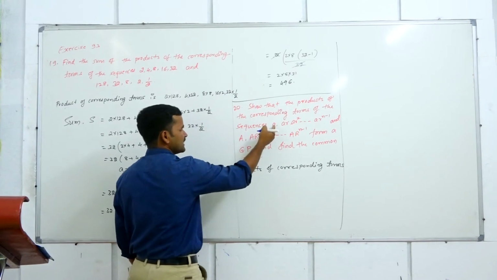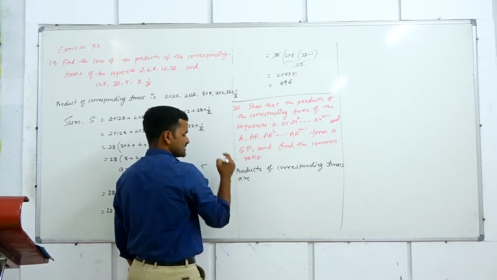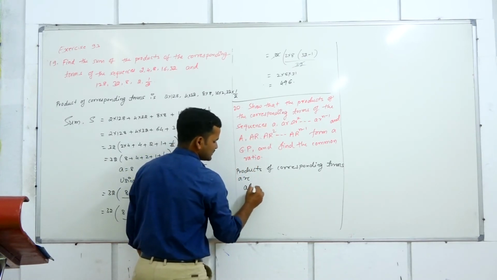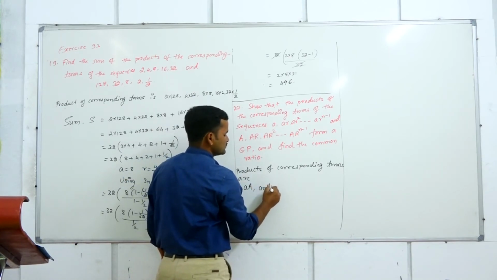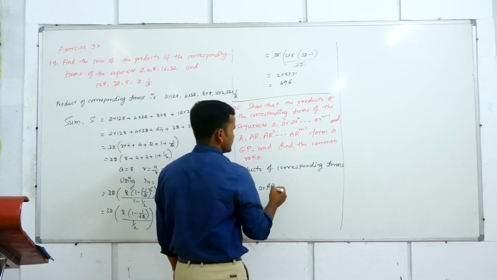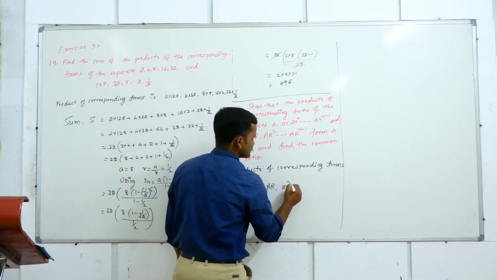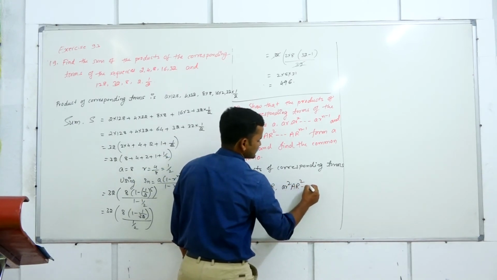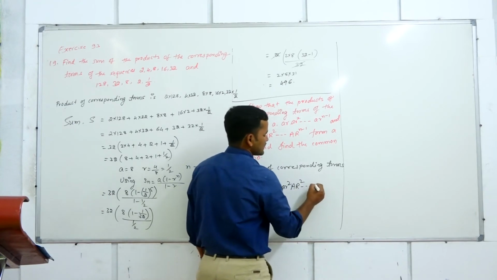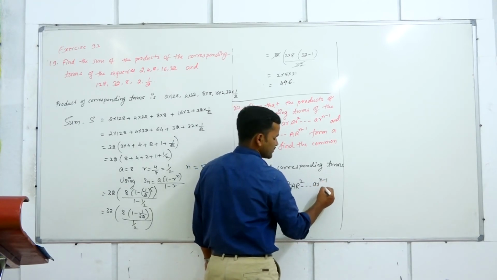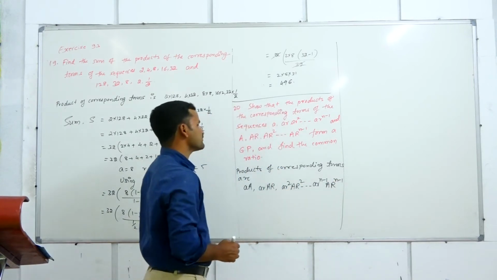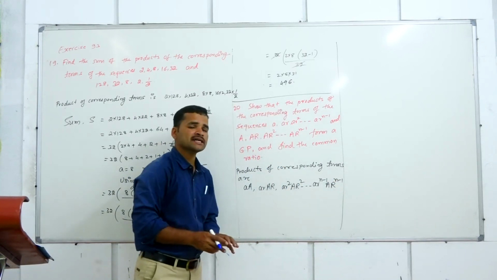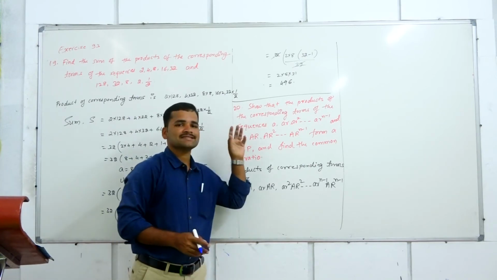Here first term a is there and this is A, that is nothing but A into A. Next, second one is AR into AR. Third term is AR square into AR square. So it goes like this. And last term is A into R to the power of n minus 1 into A into R to the power of n minus 1. We need to show that this forms a GP.